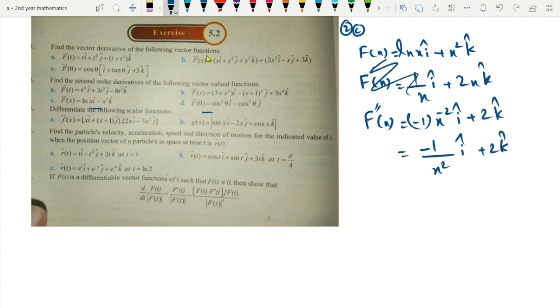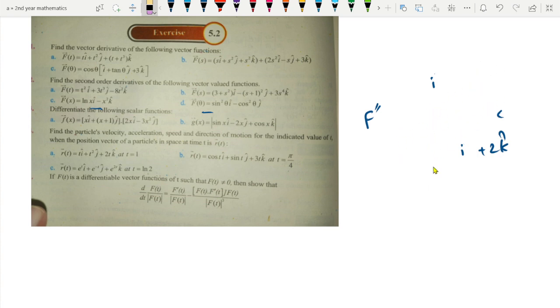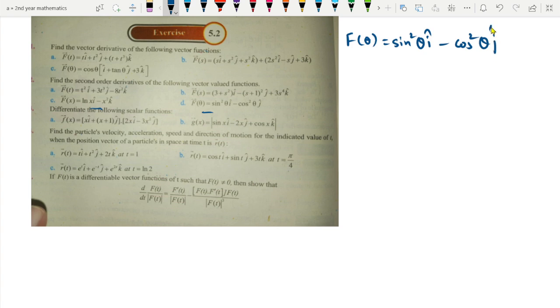Now we will discuss the next part, f of theta. F of theta is equal to sine square theta i minus cos square theta j.